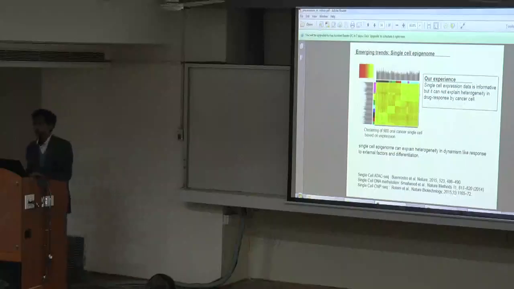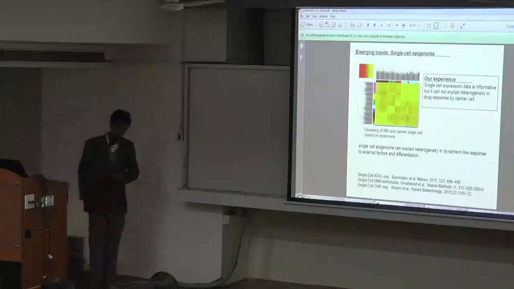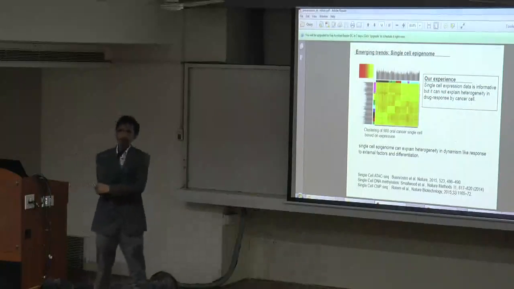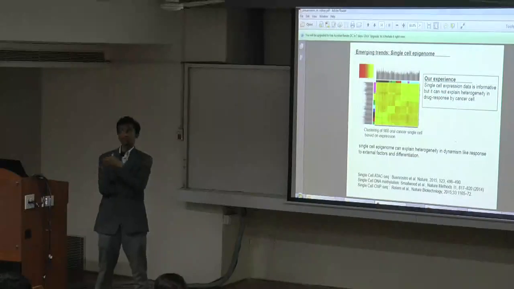If I have to compare two components, like mutation and epigenome changes, which one will contribute more to the drug response? Yeah, that's a very good question. People are doing this study, and sometimes it is mutations, sometimes epigenome poising.